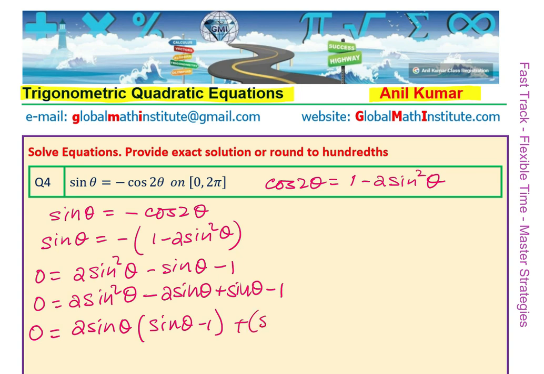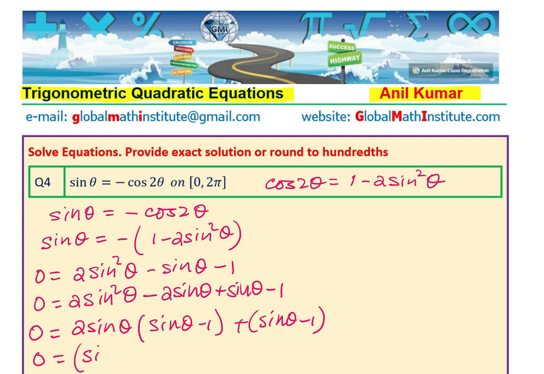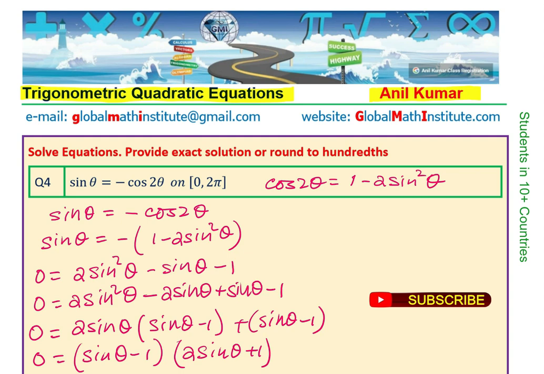We already have sine theta minus 1 as the other factor. So, the factoring is completed when you take sine theta minus 1 as a common factor, and 2 sine theta plus 1 becomes the other factor. Now we are going to apply the zero principle. Each factor should be equal to 0.